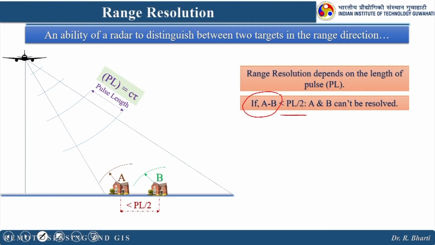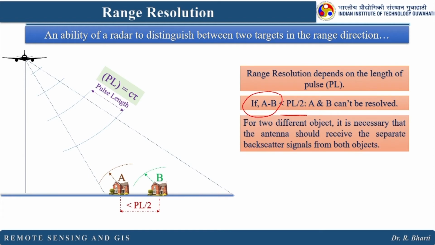But if A minus B is bigger than PL by 2, right, then you can identify these objects, right. So, for two different objects, it is necessary that the antenna should receive the separate back scattering signal from both objects. Otherwise, what will happen? They will get merged with each other.